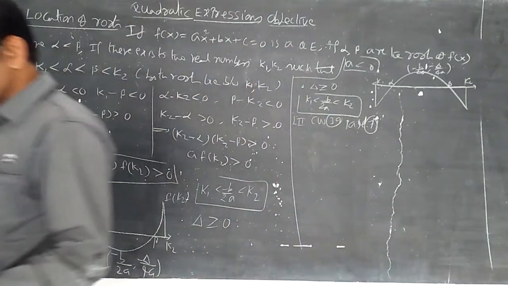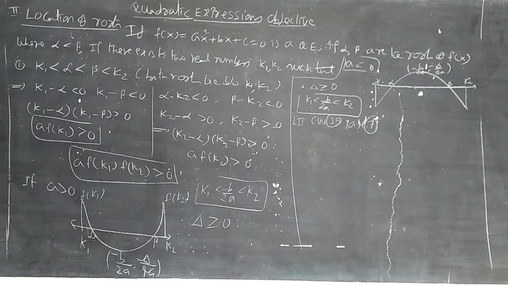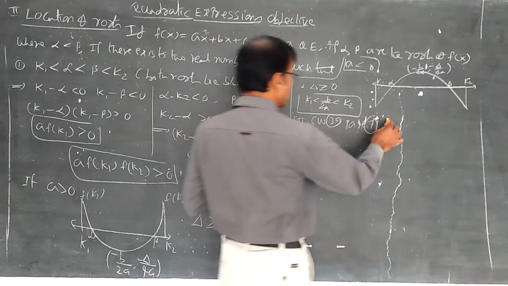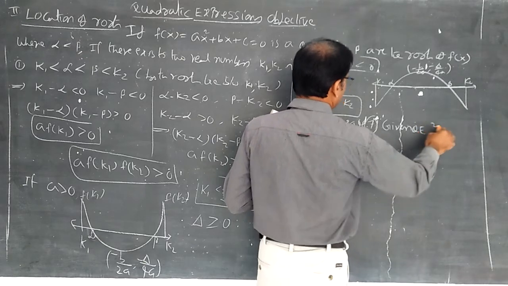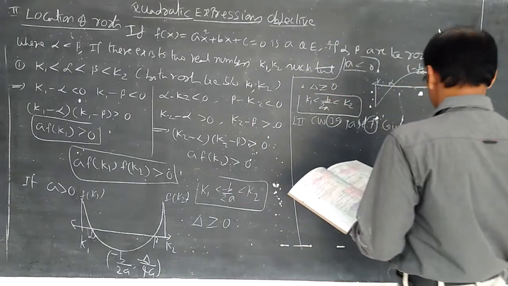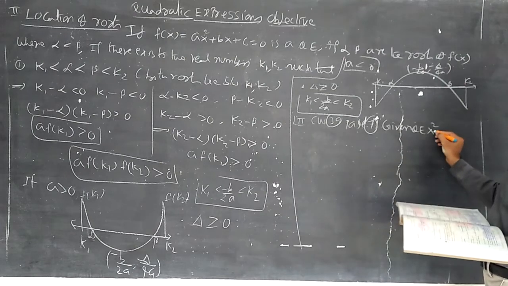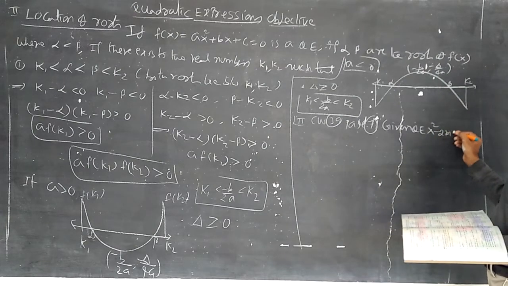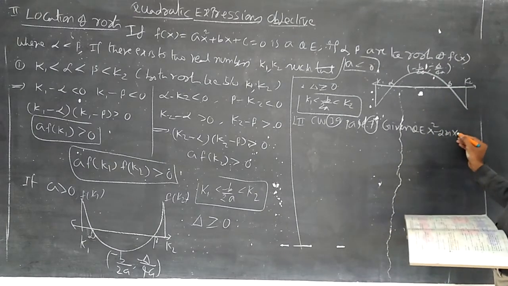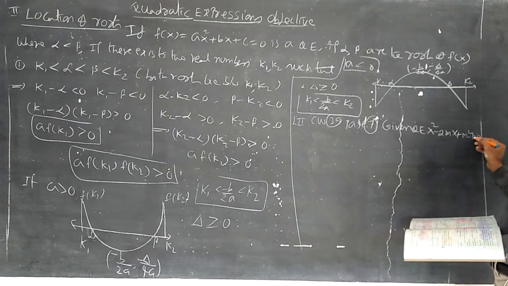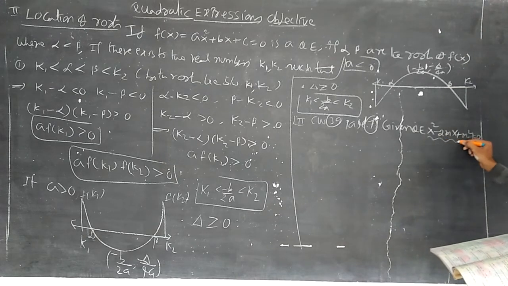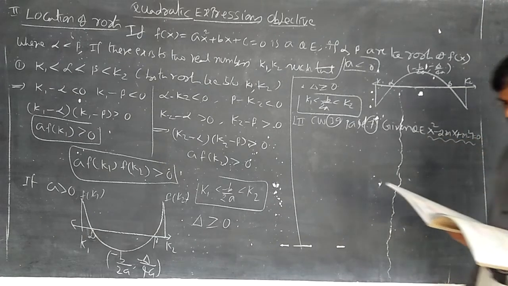The quadratic equation is x square minus 2mx plus m square minus 1 equal to 0.